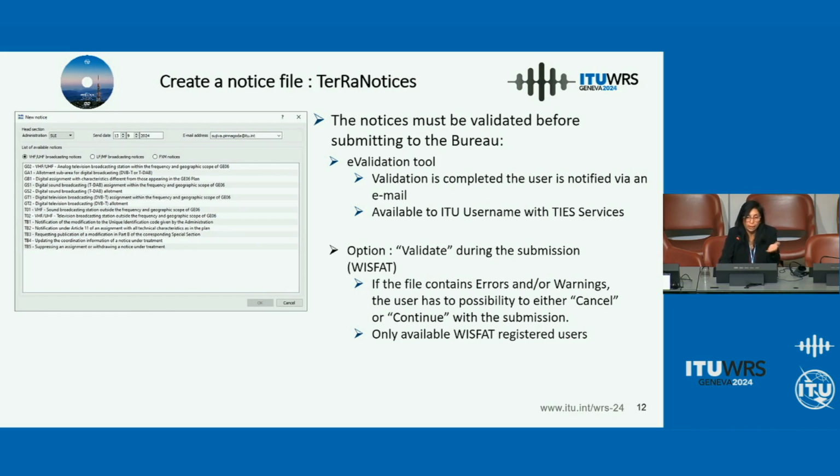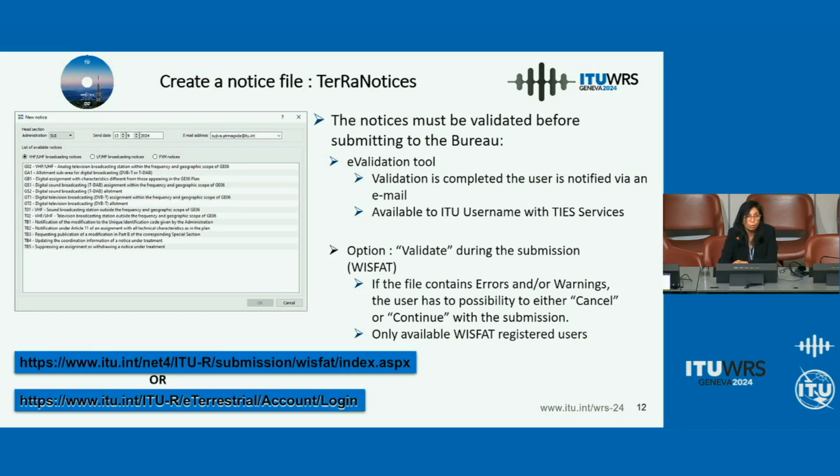If you want to correct the errors, you can cancel your submission, correct it and resubmit. If you say, okay, these warnings are acceptable, I can go ahead, you can continue your submission. But this is only for registered WISFAT users.